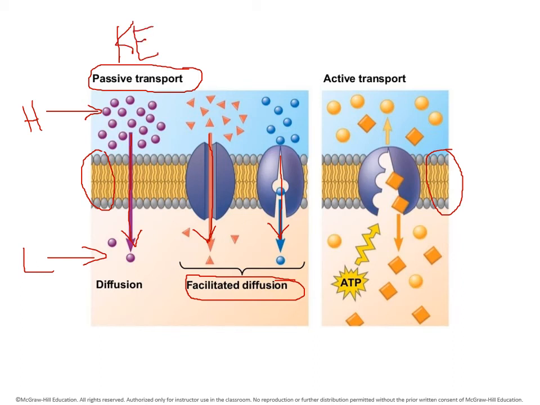But either way, they go from high to low, and they require no ATP because their driving force is going to be kinetic energy. On the other hand, if we come over to our right-hand side, we now have a scenario where we are trying to move items from a low to a high concentration. And as we're moving it from low to high, notice how this is going to take effort. Follow the little arrow right here.